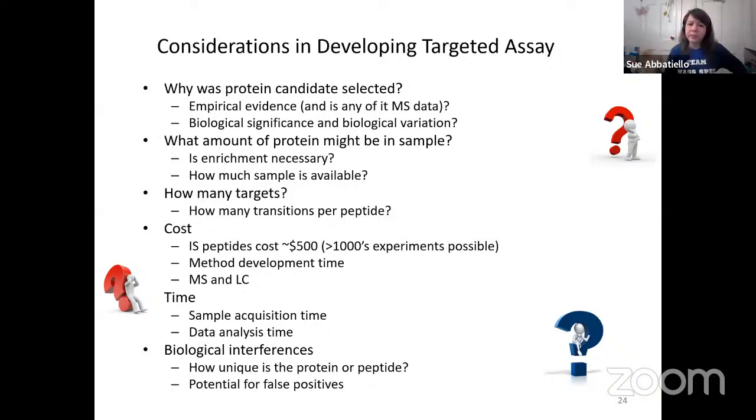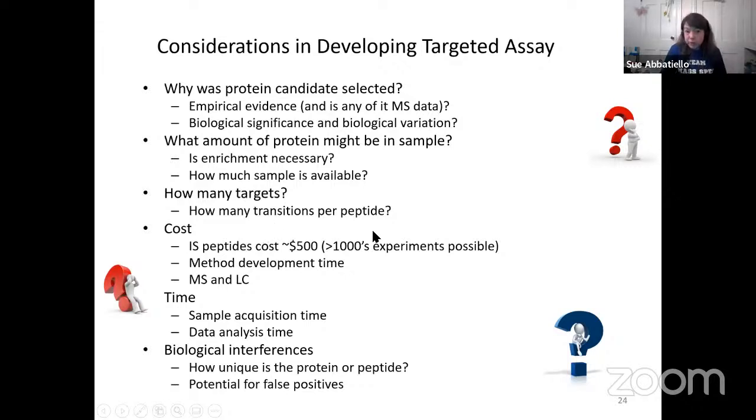Sorry, there are a lot of assumptions here, and we're glossing over things like sample loss and digestion efficiency, but this is a ballpark starting point. If a protein that you're looking at requires 10 milligrams of protein, then that's going to be really hard to do without significant sample prep and enrichment.